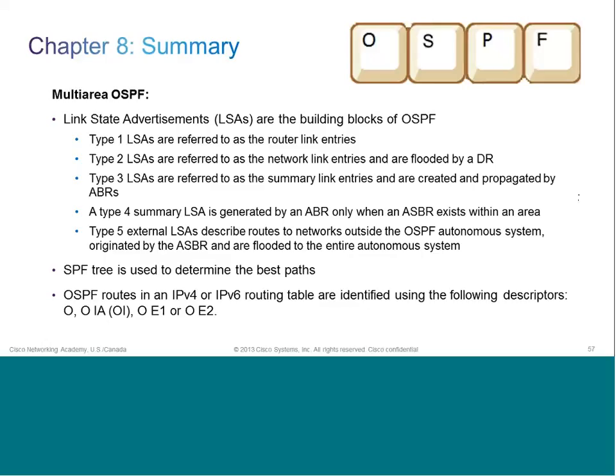O, which are intra-area. O IA for IP version 4 for summary routes, and just OI for IP version 6. And then the external routes will be either OE1 or OE2. And most of what we see in this course will be OE2s.